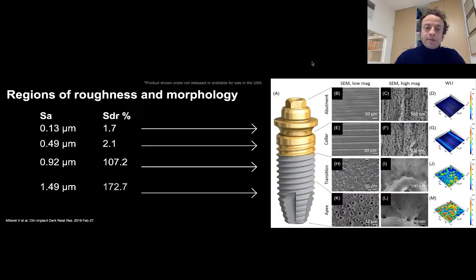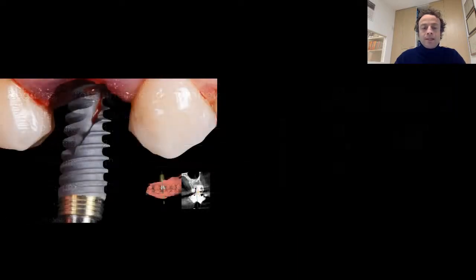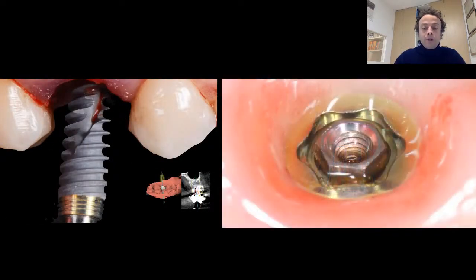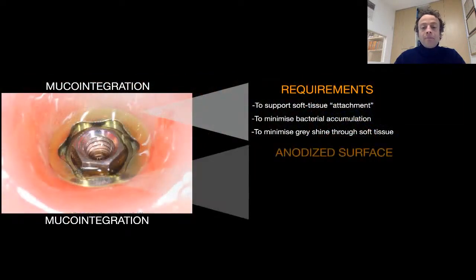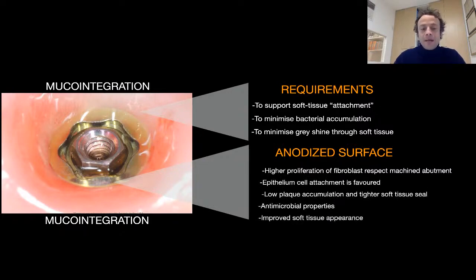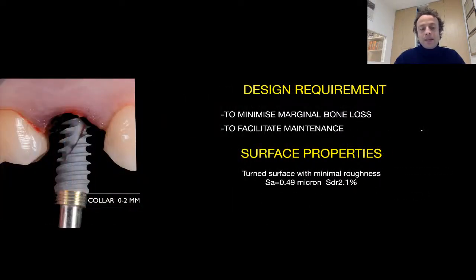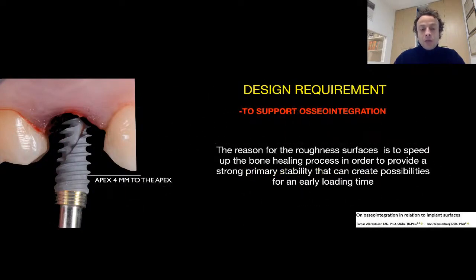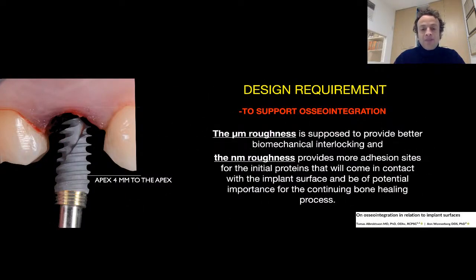So I like the concept to work with the system that can allow a great bone integration and at the same time also a great muco integration. And so we have systems that consider a specific gradient of roughness from the collar to the transition zone, finalized to achieve the ideal integration at each level.